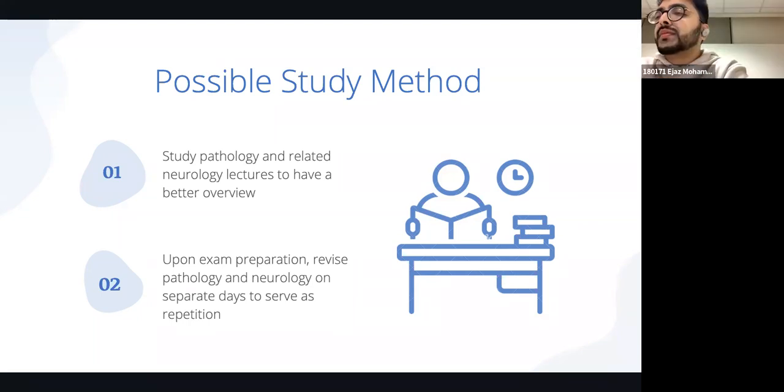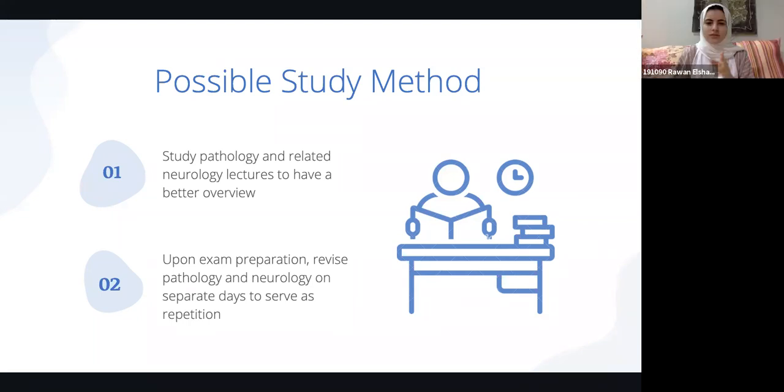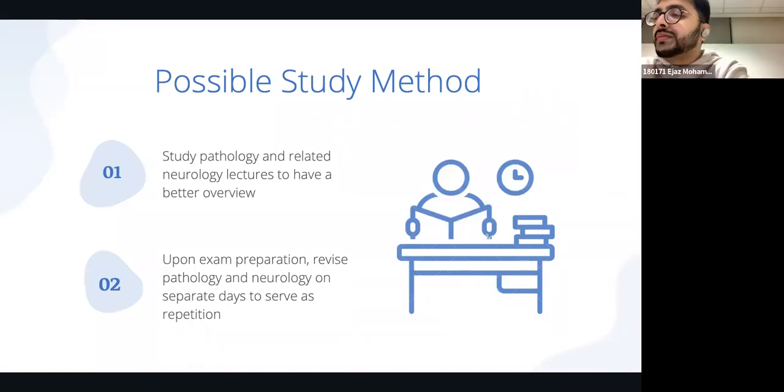This is something that I've tried out multiple times, and it helped me a lot. So you can definitely try it with Neuro, since they're repeated a lot. And yeah, I think that's pretty much it for this.